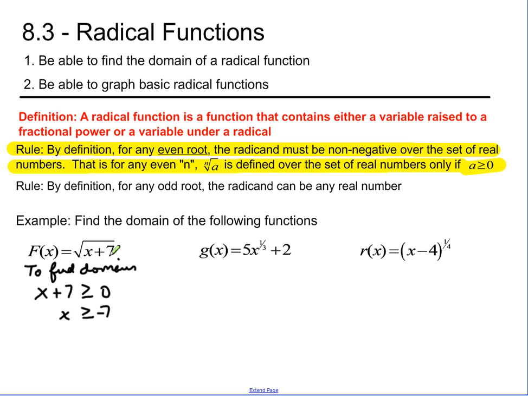So we can put in any number for x, as long as that number is greater than or equal to negative 7. In this case, we can write this domain in set builder notation: the set of all x such that x is greater than or equal to negative 7.